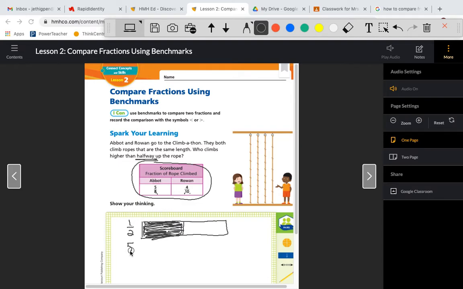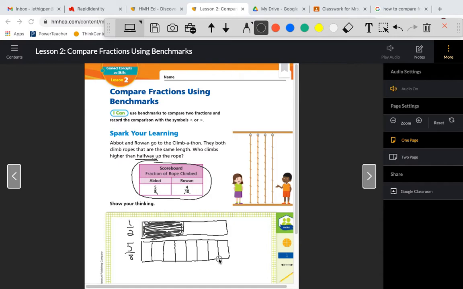So now let's build 5/8. We're going to try to draw the same exact shape and size, but this time we're going to break it into 8 equal parts. So 1, 2, 3, 4, 5, 6, 7, and 8.